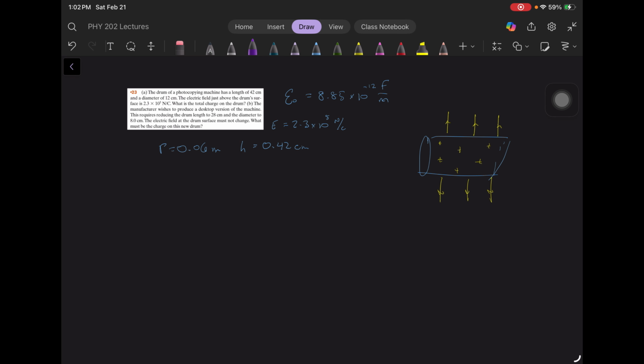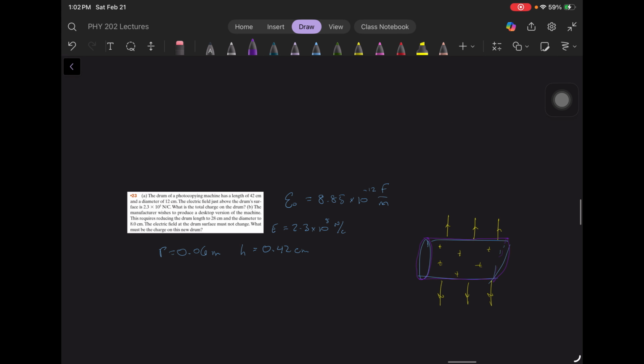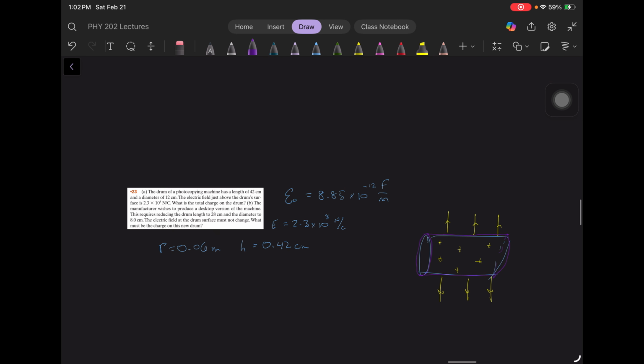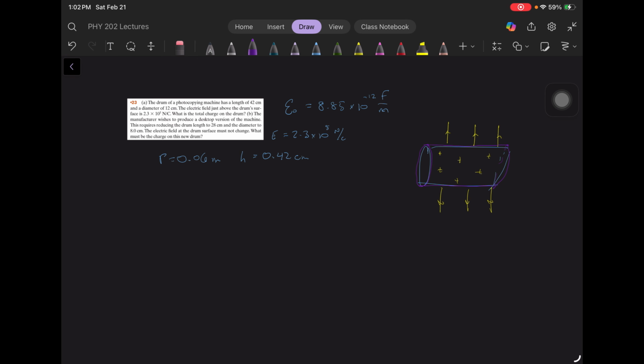Since it says the electric field just above the drum surface, we're going to have our Gaussian surface be the same as the drum. Just like we had set up here, you could have your Gaussian surface be equal to the size of the thing. And so that's what we're going to do here. We're looking for Q.